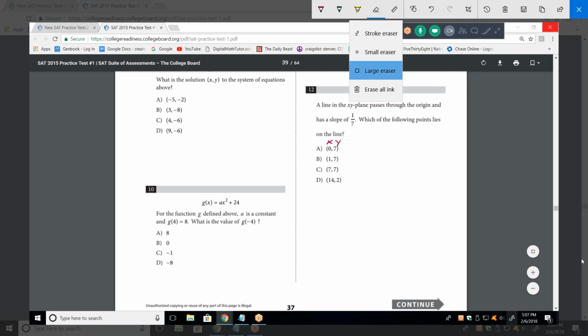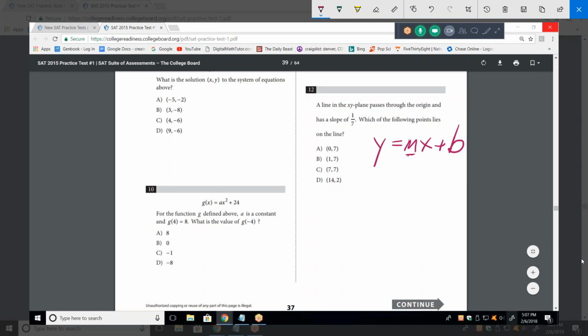So let's start there. What's the general form of the equation of a line? Y equals mx plus b. What does the b stand for? No, m is the slope.